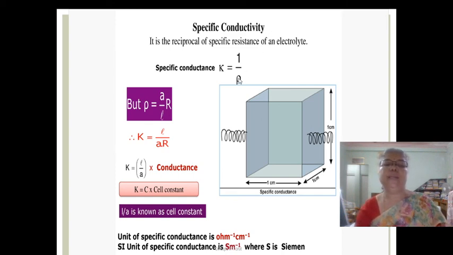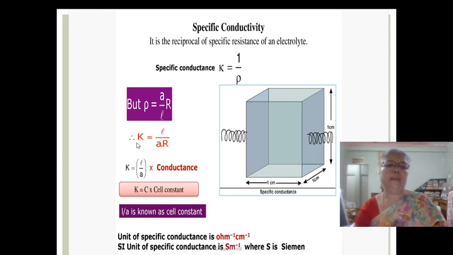This rho, in Marathi we write as a 9. This is the Greek letter rho. And rho is equal to A by L into R, where A is the cross-sectional area, L is the length of the conductor, and R is the resistance offered by that conductor.